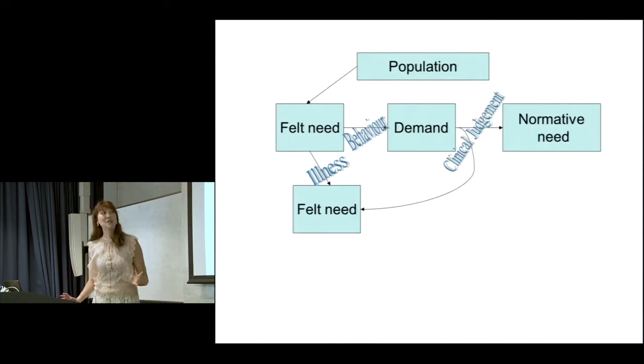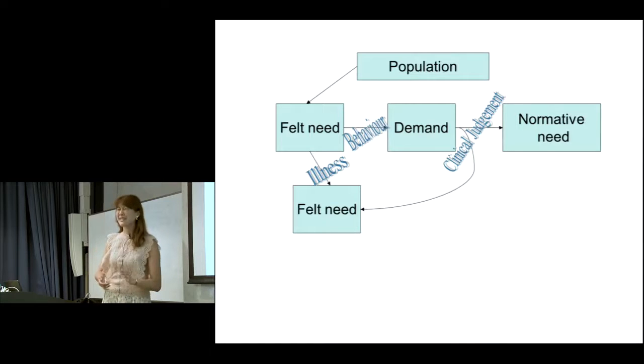The next step is also very crucial, and that's called turning it from demand to normative need. This is based on if you turn up to your doctor or your pharmacist and you say, I have a headache, doctor. The clinician can do one of two things. They can say, I think we should check you out, I'm going to do an ophthalmoscope and look at your fundus, maybe we'll scan your head, something that we think is serious here, not a normal headache.